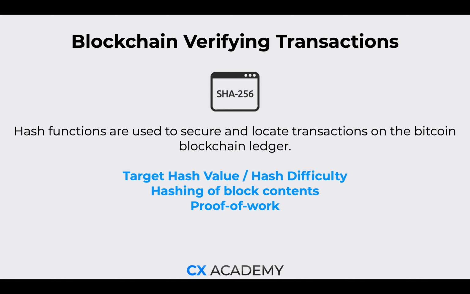Now, in terms of the Bitcoin blockchain, okay, you can see on the little picture there, SHA-256. That is a hash function which is used within Bitcoin. So the blockchain verifying transactions, hash functions are used to secure and locate transactions on the Bitcoin blockchain ledger.